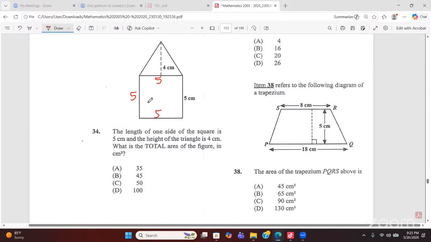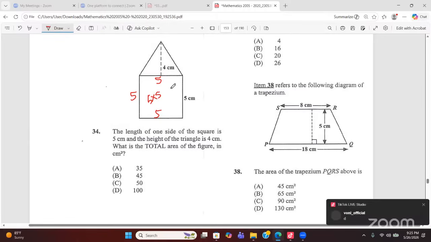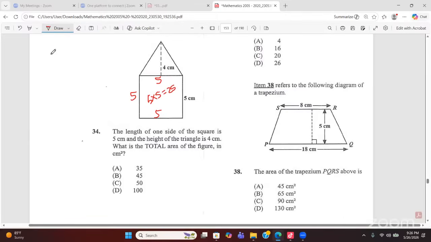You're going to find the area of the square, simply 5 times 5, and you definitely will get 25 for the square. And then the area of the triangle is equal to base times height over 2. The base is 5.